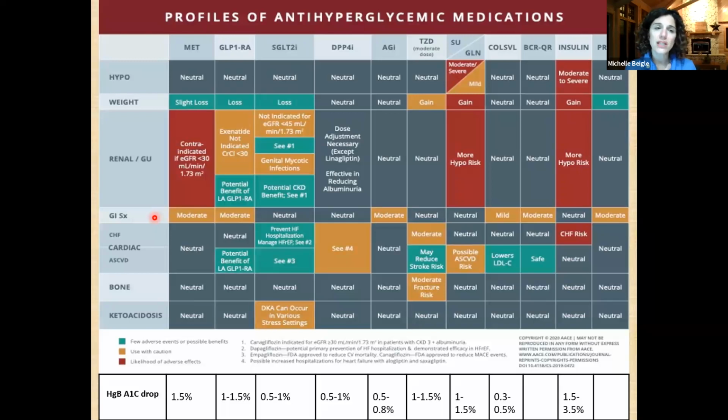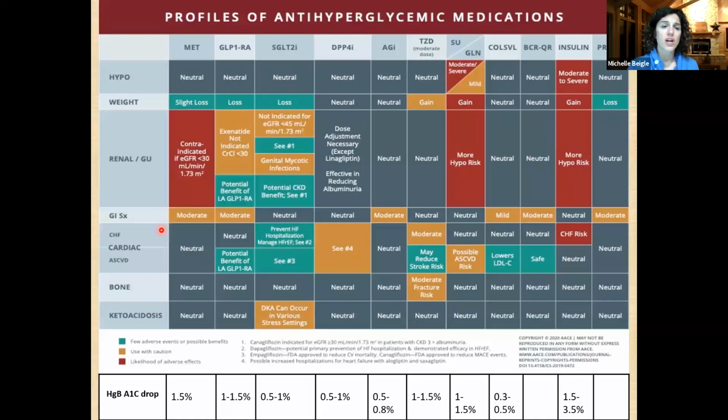The other trick is, rather than ordering immediate release glucophage, there is an extended release version that does seem to be more tolerated with GI symptoms. So start them on 500 milligrams extended release and increase that up to a total of 2,000 milligrams over the course of about a month. Maybe a little bit cardiac neutral. There actually is some evidence that it might be slightly favorable for decreasing cardiovascular disease.